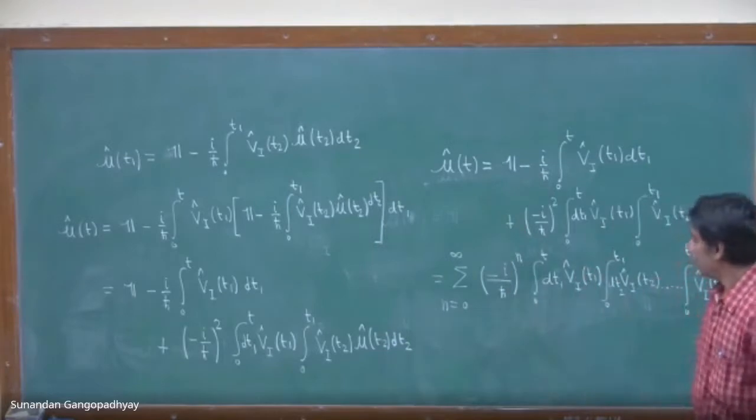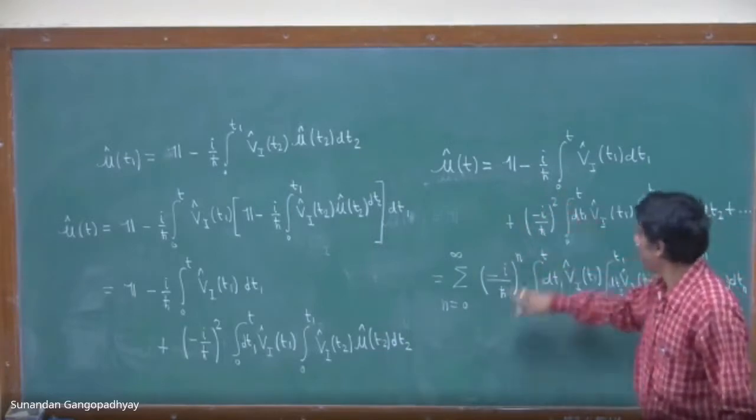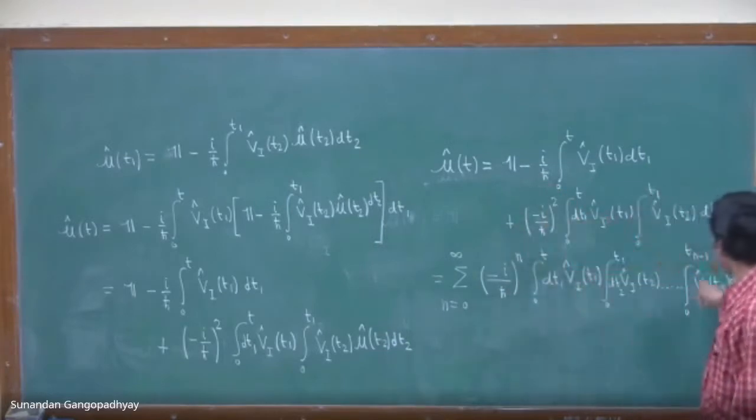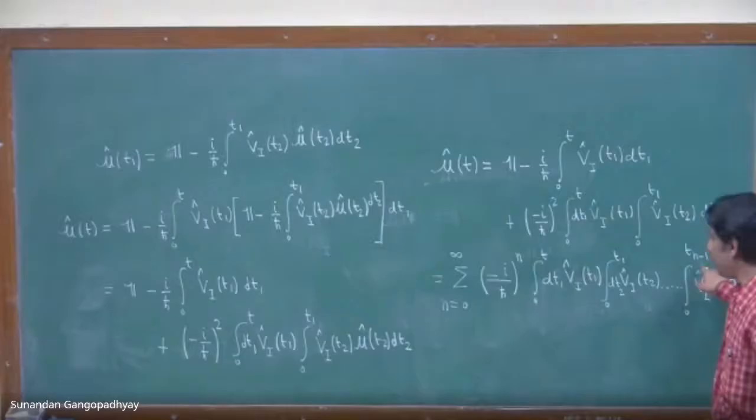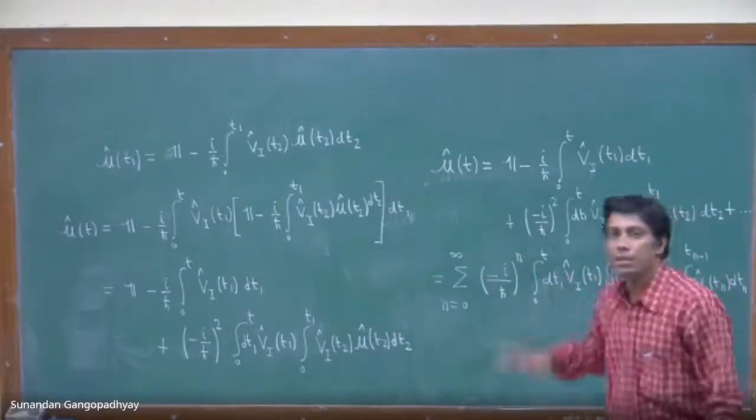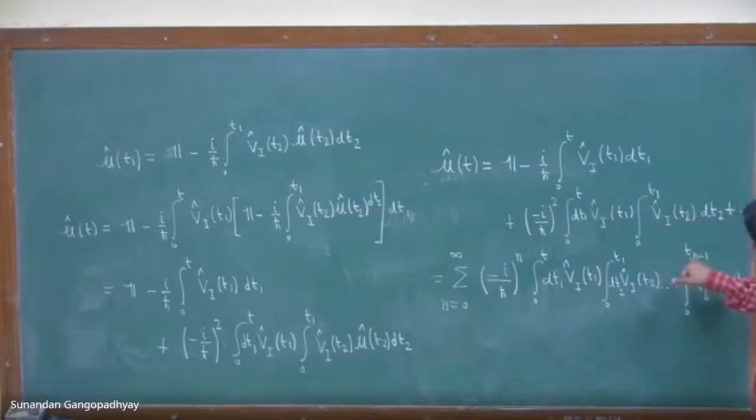For n equal to 1, you get minus i by h bar, this one. Where does it stop? If the suffix 0 you call to be t, then what is this? t1. So we have the integral of V_I(t1) dt1, which is this term.